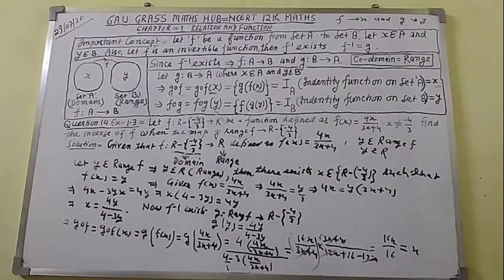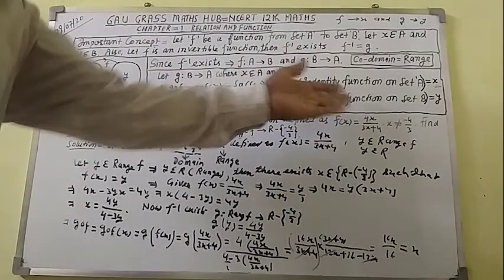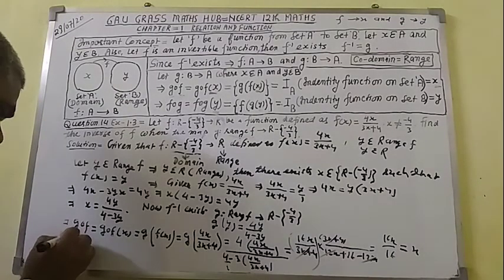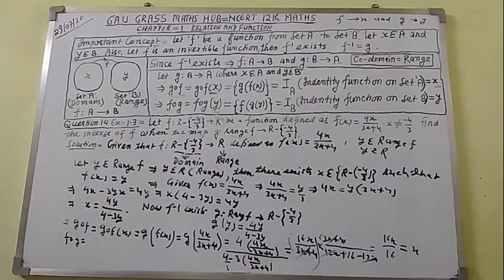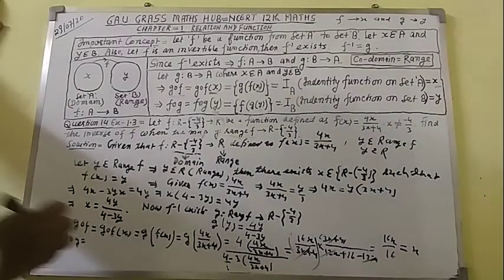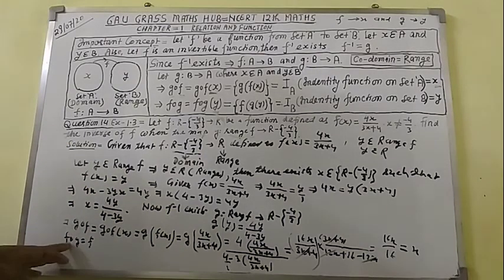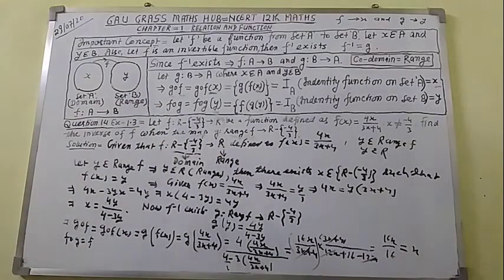Now come to fog. In the case of fog, you have to write it like this: fog will give us y. So if you write fog here, what does fog give? Write f, and this small o. Here is fog. As per this condition, fog is f of g.